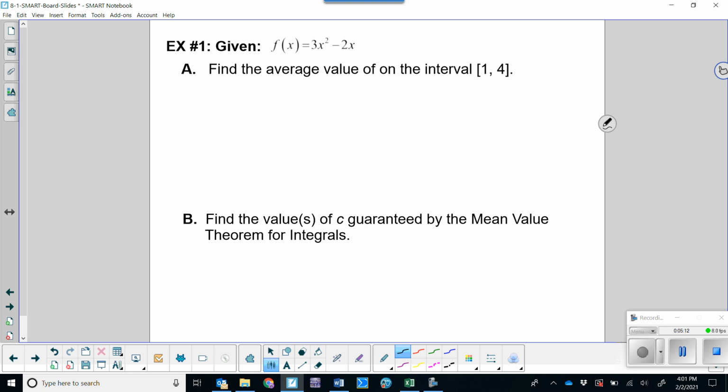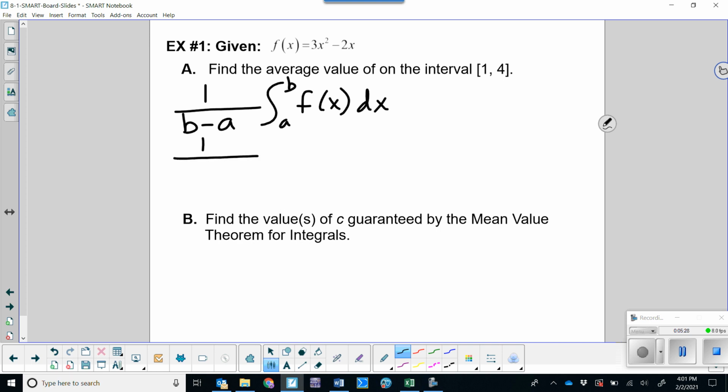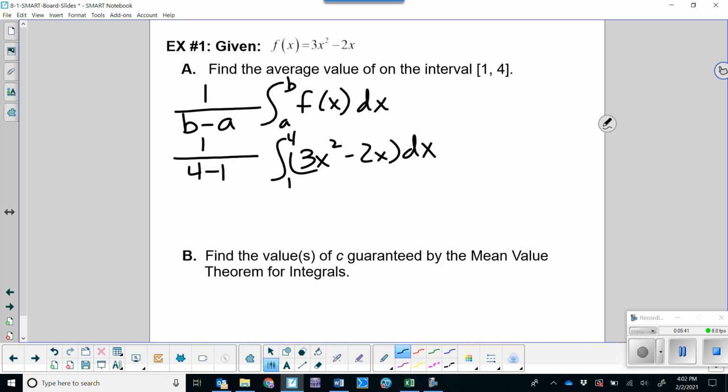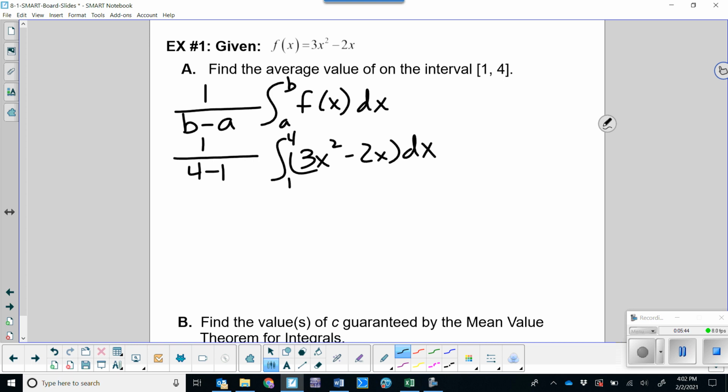So when I see that question, the first thing I'm going to think is average value means 1 over b minus a, integral a to b of the function dx. So for this problem, that's going to be 1 over 4 minus 1, integral 1 to 4 of 3x squared minus 2x dx. And so I'm just going to integrate that and finish the problem.